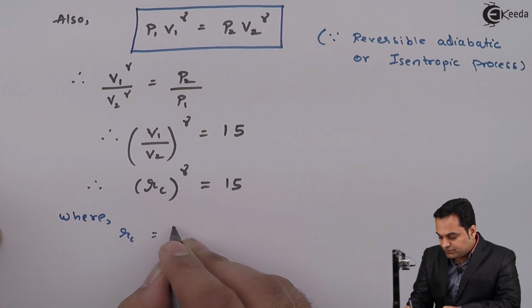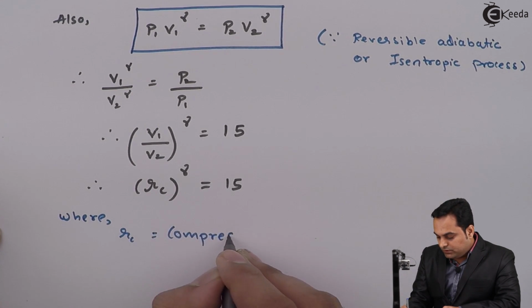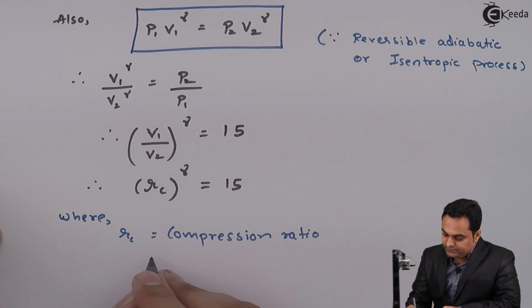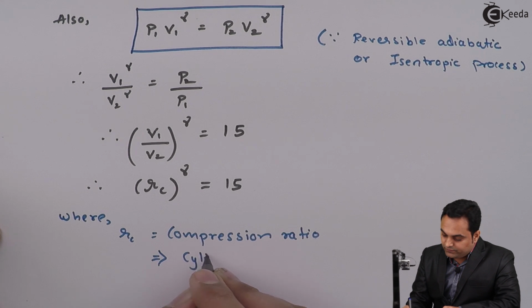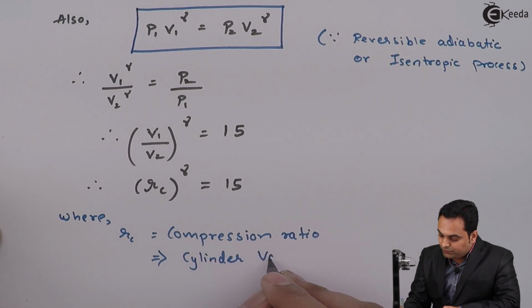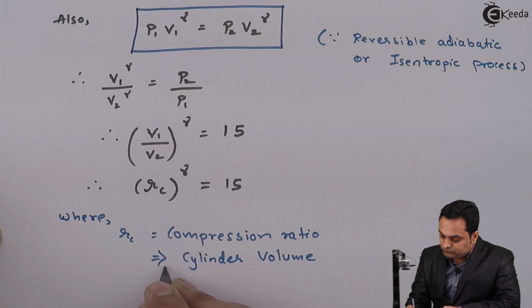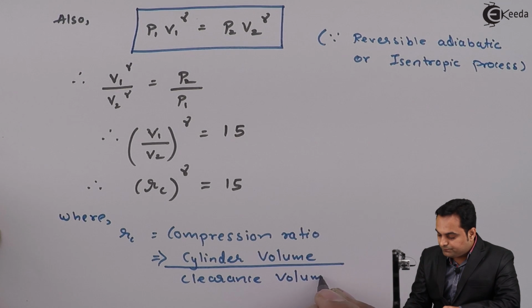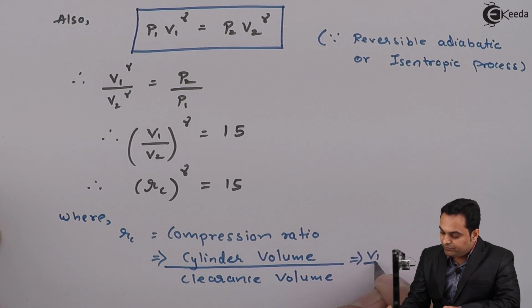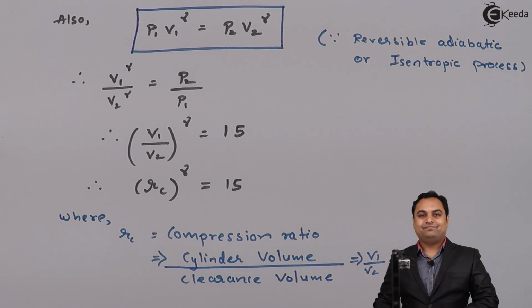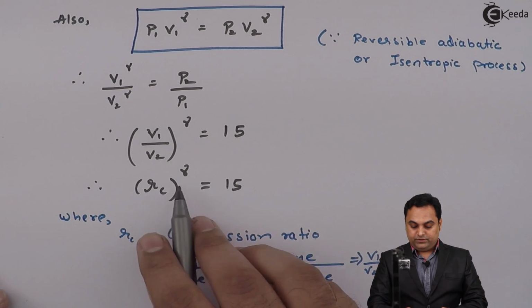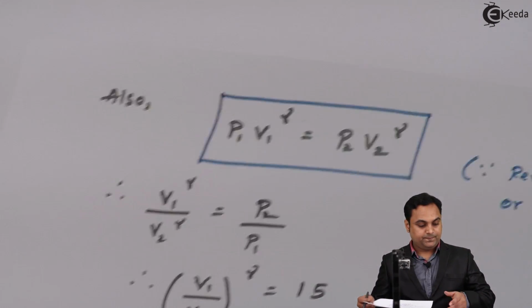Here I'll write down where R suffix C is called the compression ratio, and it is equal to cylinder volume upon clearance volume. So it is V1 by V2. Next, therefore, here I'll send gamma onto the other side.